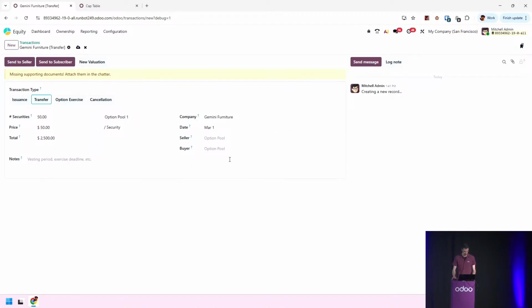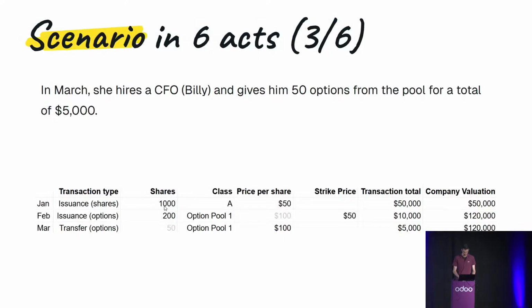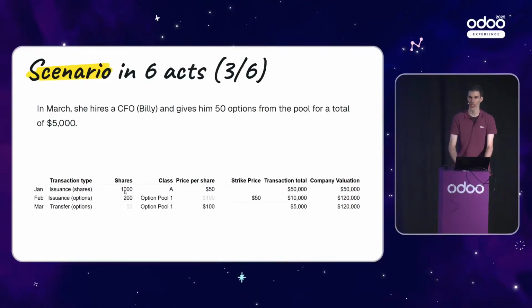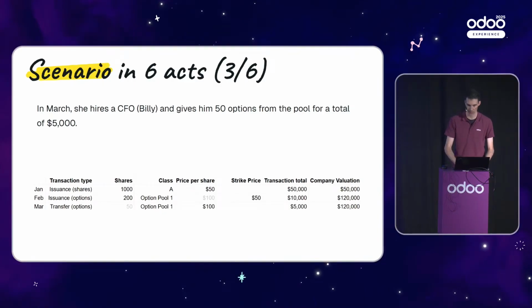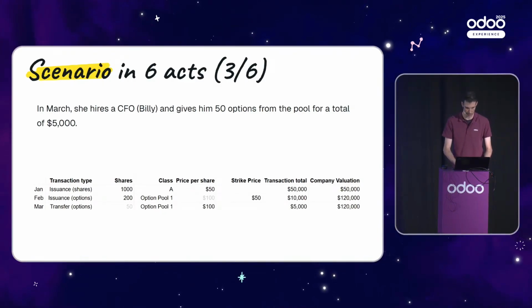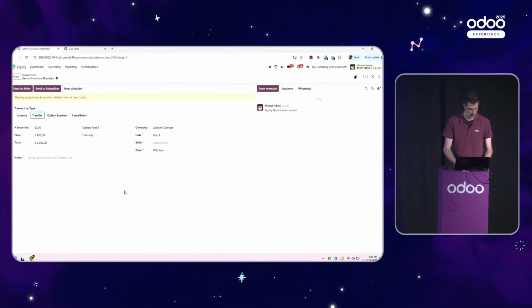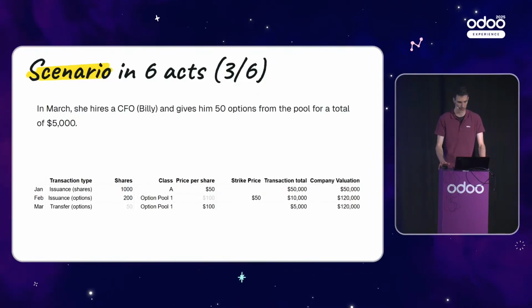It comes from the option pool and it's for 100 and it goes to Billy. And there was no change in the valuation of the company in that step, so we stay at 120,000. Okay, very good, for 5,000.